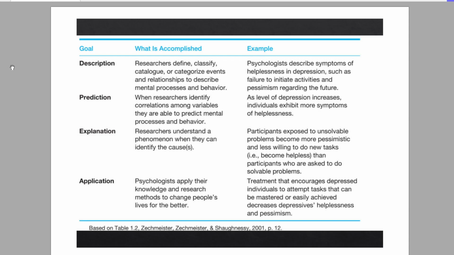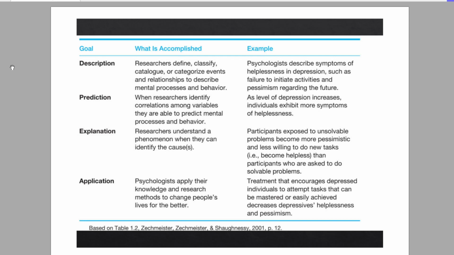And then application. So psychologists apply their knowledge to change people's lives for the better. So maybe treatment that encourages depressed individuals to attempt tasks that can be mastered or easily achieved, hopefully would decrease those feelings of helplessness and pessimism. So that would be the treatment application of this research.